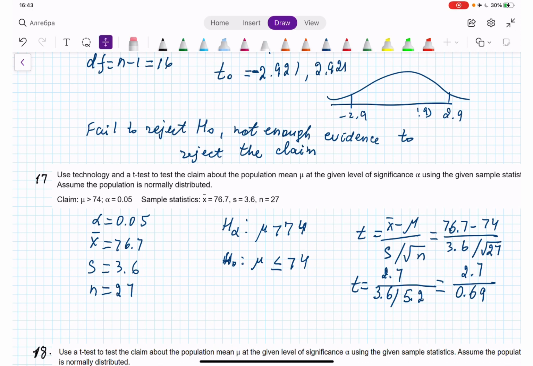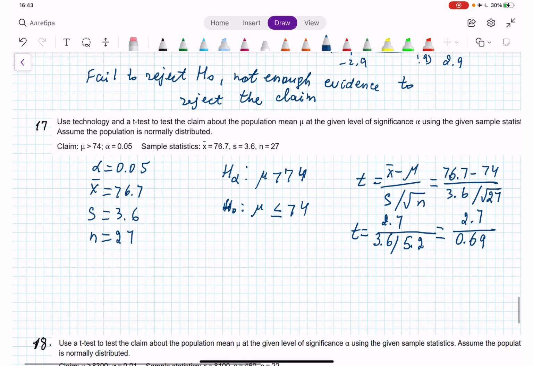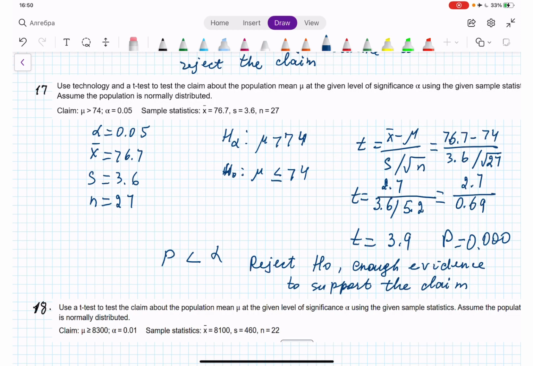So from here, t is going to be equal to 2.7 divided by 0.69, which is 3.9. So this is the standardized test statistic. Now we need to find our p-value because we want to compare the p-value to our alpha. My standardized test statistic is 3.9, and based on that I'm going to find the p-value.